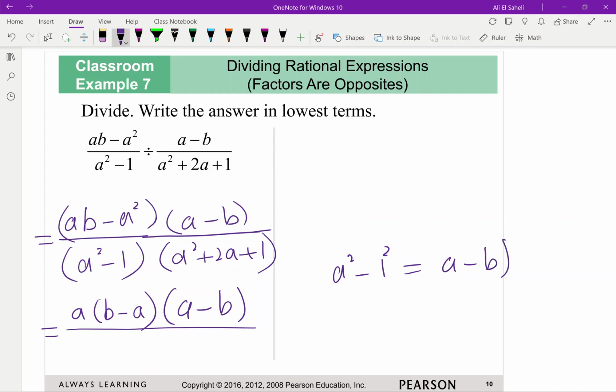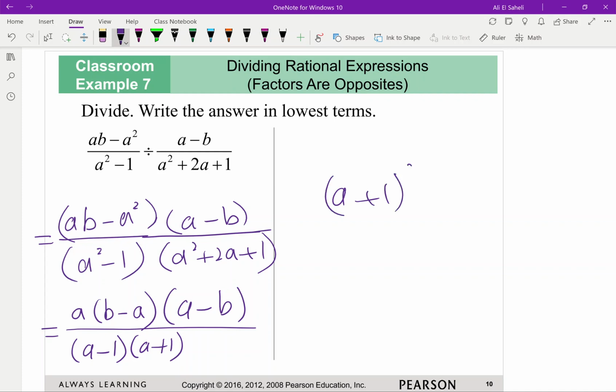So a minus 1, a plus 1. So this is a minus 1, a plus 1. This is a plus 1 squared, because this is a squared plus 2a times 1 plus 1 squared. So this is a plus 1 squared.